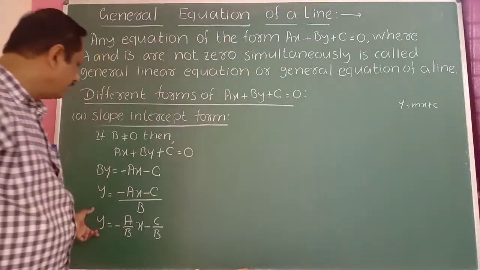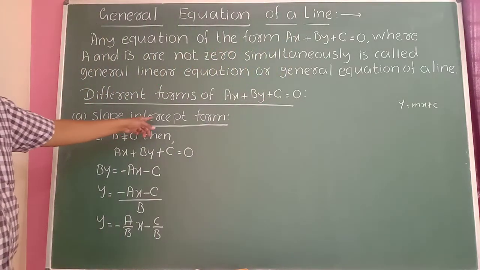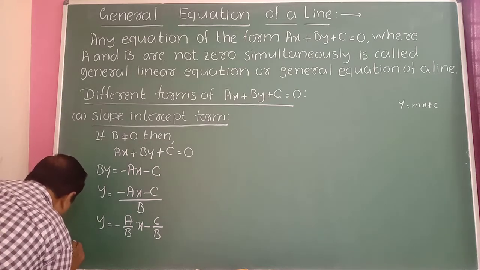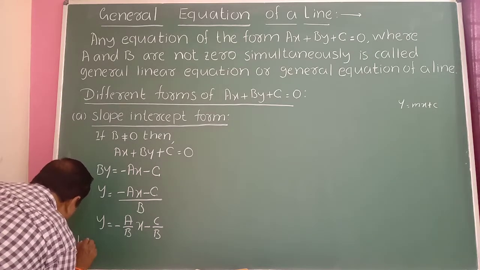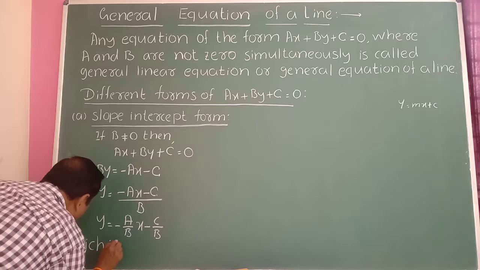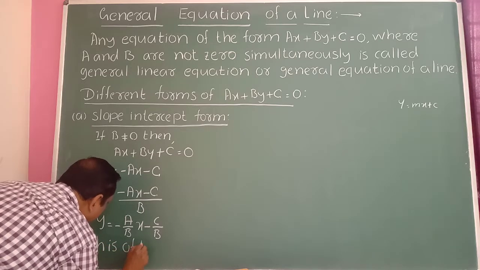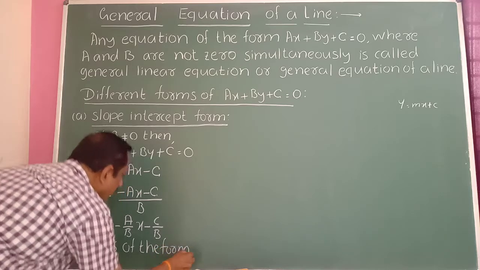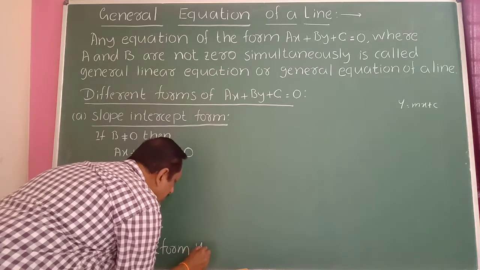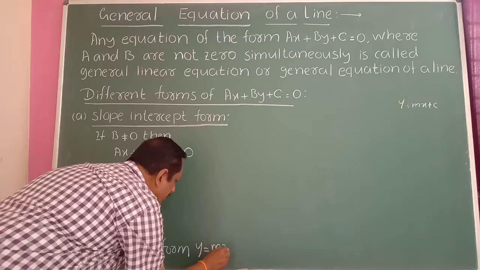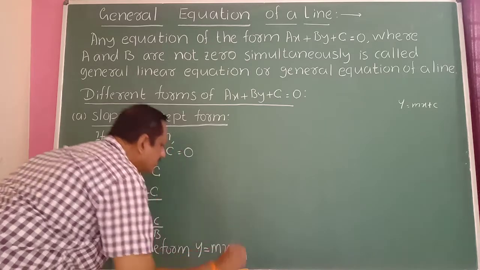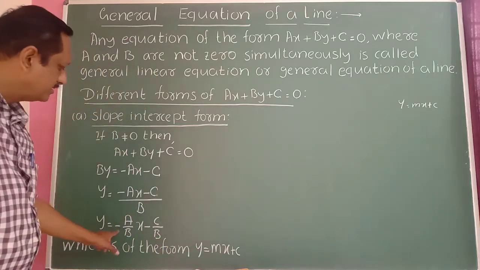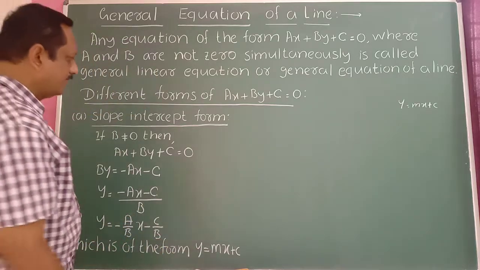Therefore, this is the slope intercept form, which is of the form y is equal to mx plus c. Here m is the slope. So the slope of the line is minus a upon b.